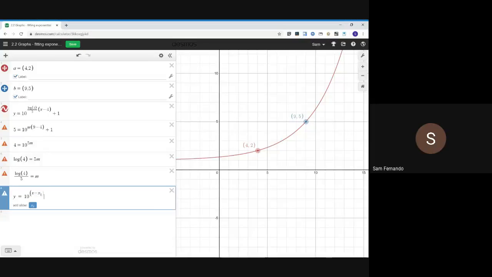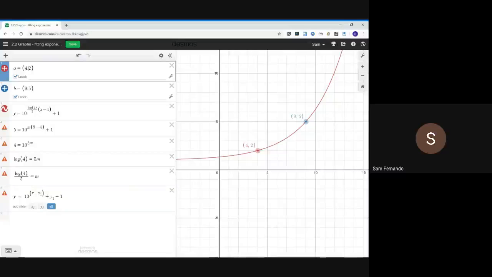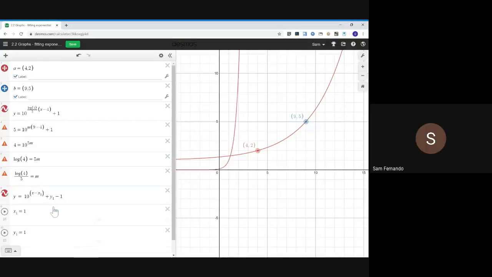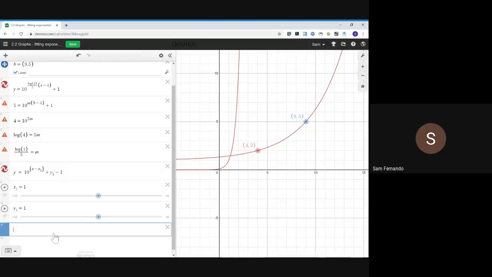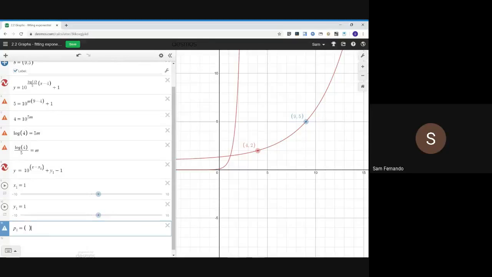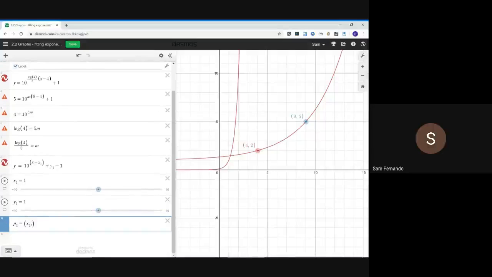And we moved it up by the first y value, but we took away 1 to account for the asymptote. Instead of moving up by 2, we only moved up by 1. So instead of moving up by y1, we're only going to move up by y1 minus 1.